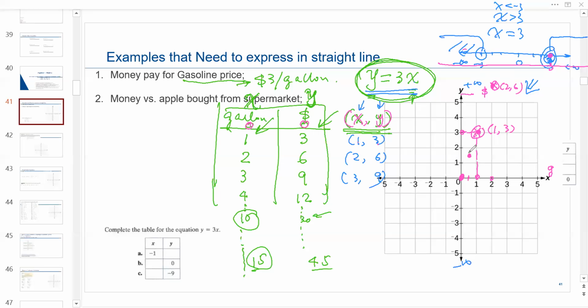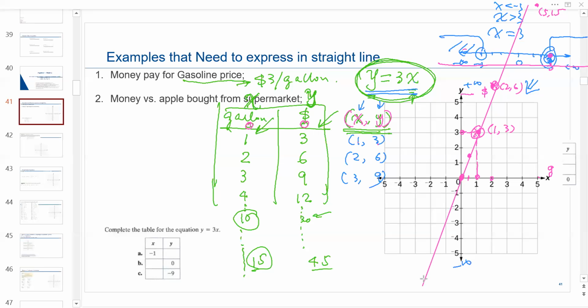It's right here. All right. So you can do all these kinds of dots on this xy plane. Something like 5, you need to get 15, somewhere very high here, right? So 5, 15. If you connect all these dots together, you can find they are on the same line.